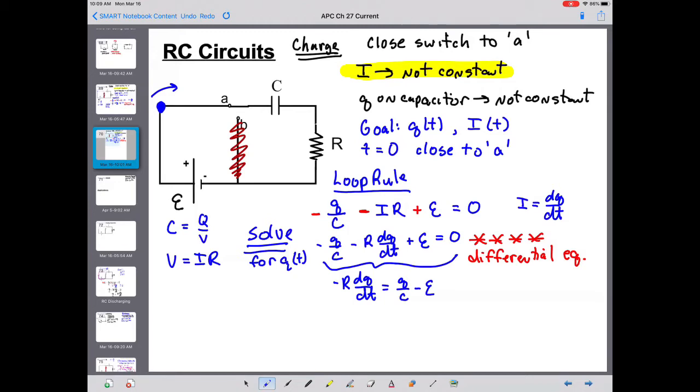Now, I'm going to get a common denominator on my right side. So I'm going to have q minus C EMF over C, and then on the other side, negative R dq/dt.